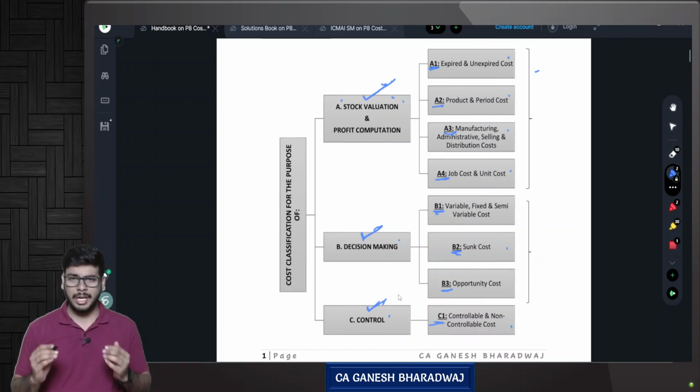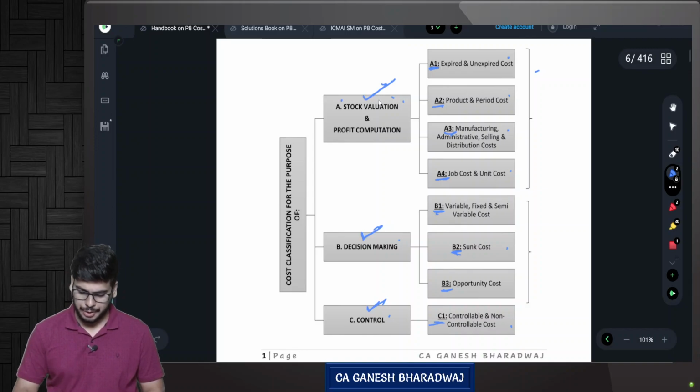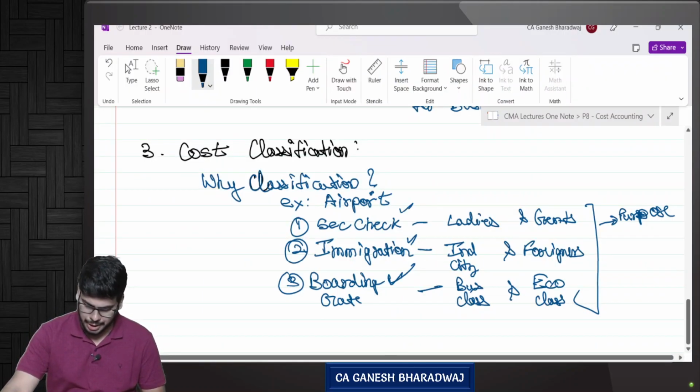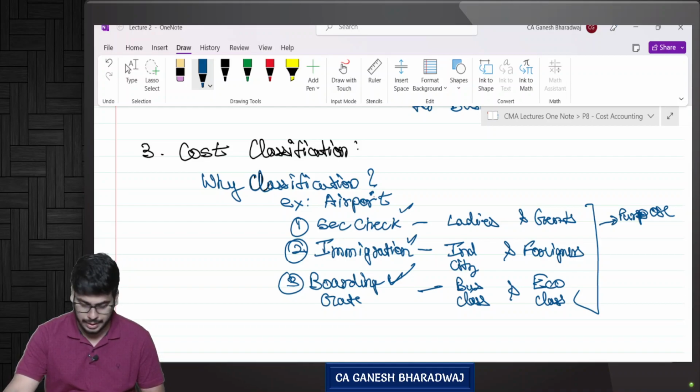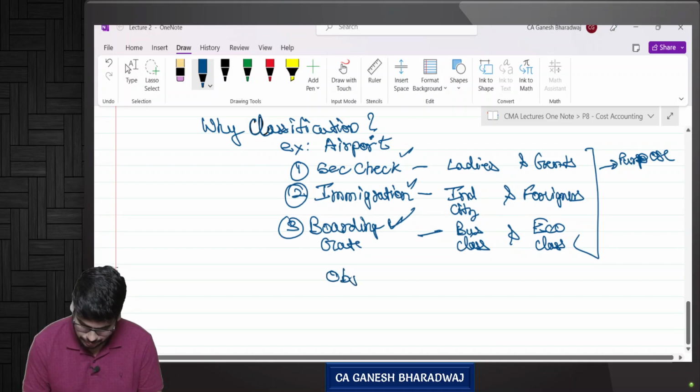Now, I have just told you that our subject has three objectives: stock valuation and profit computation, decision making and control.